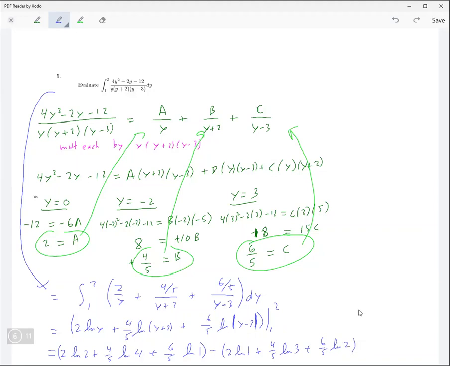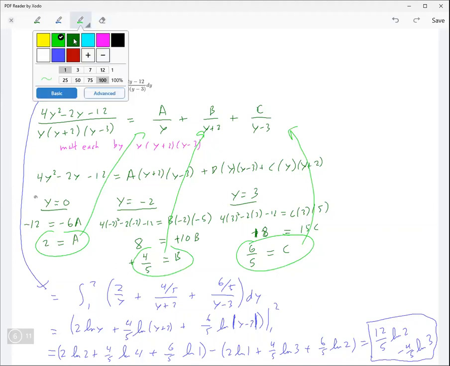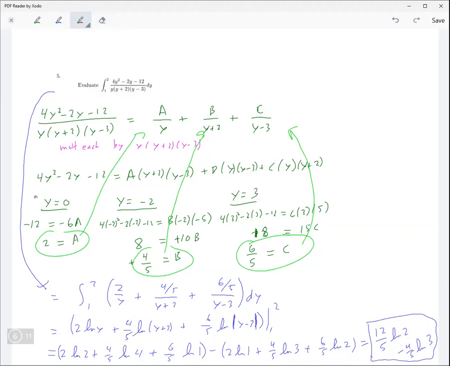Okay, so if you simplify all that, you get 12/5 log 2 minus 4/5 log 3. Because log 1 is 0, so those just go away.